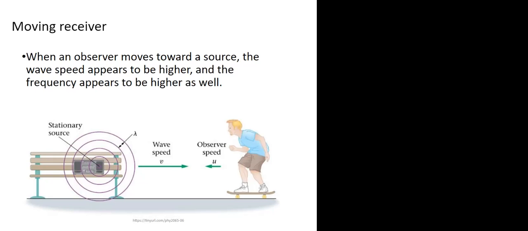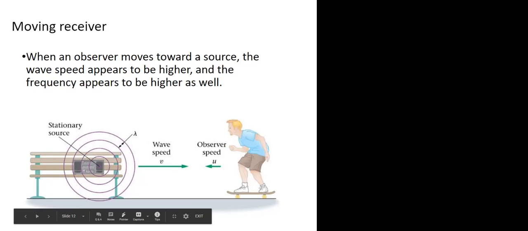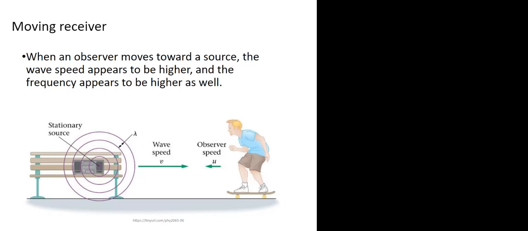So in this case, you can see if the observer moves towards the source, then the frequency will increase. Now, as I mentioned earlier, this not only happens to sound waves, but also to other waves. So in astronomy, this is used very heavily. You can determine the speed of, say, a galaxy that is moving away from us.